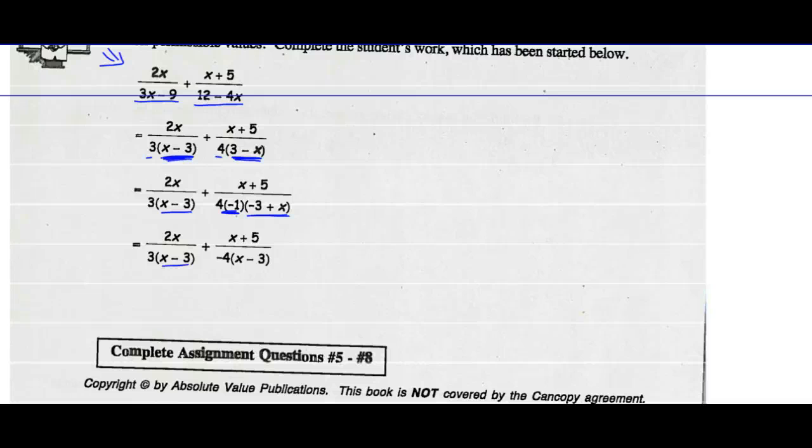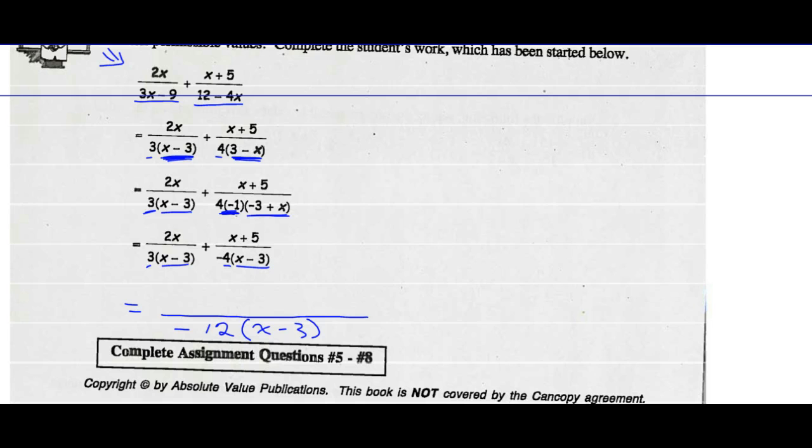So I've got that as one common factor, and then I've got 3 and negative 4 as the numbers in front. So if I want to write down my common denominator for this expression, it's going to be 3 times negative 4 is negative 12, and x minus 3 and x minus 3, well, they're the same, so that would be my common denominator, negative 12 times x minus 3.